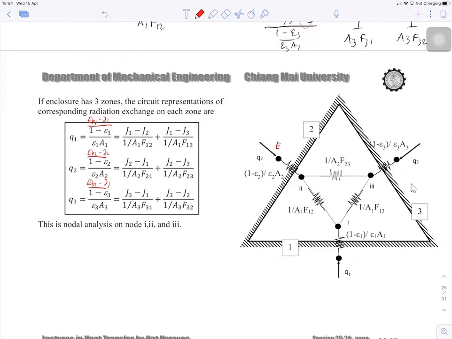So this is EB2, this is J2, this is EB1, J1, J2, J3, and EB3. See? This is nodal analysis on J. Nodal analysis on J1 is going to give you this equation. J2 is going to give you this equation. J3 is going to give you this equation.